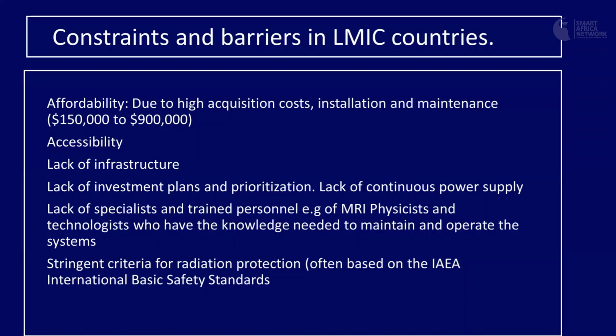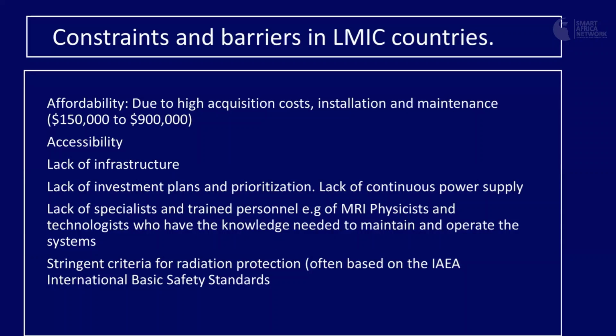For instance, in Nigeria, where the money is there, but lack of prioritization and investment plans is a very big problem in places like the African region generally. Lack of continuous power supply is another big issue. Epileptic power supply. An MRI system needs constant and continuous power supply.